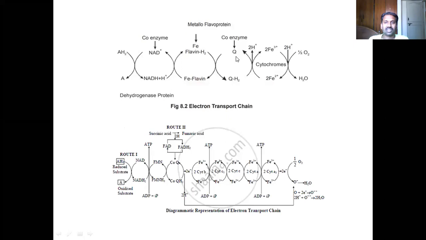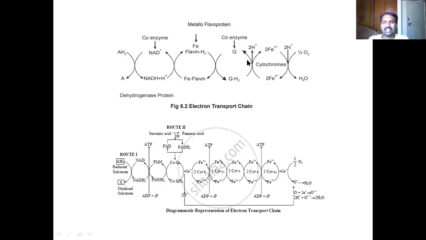NAD plus H2O. That's the product. Correct. What's the reactant?